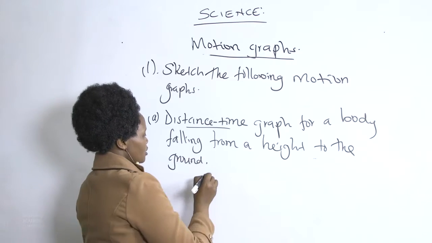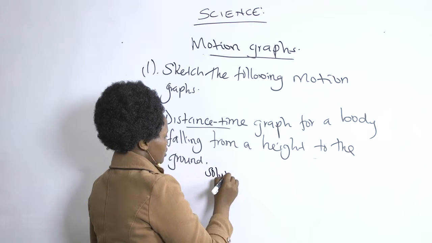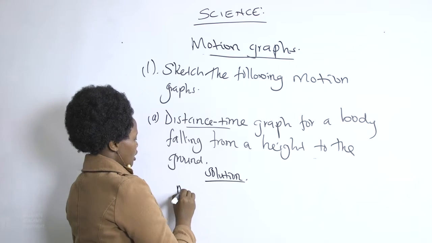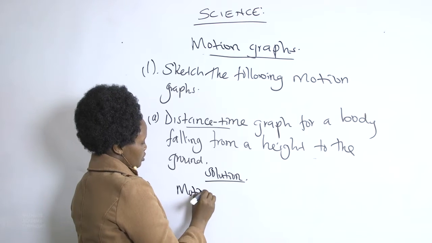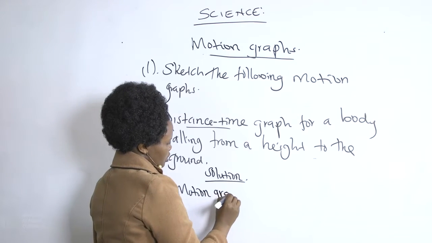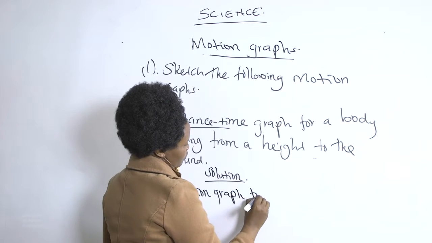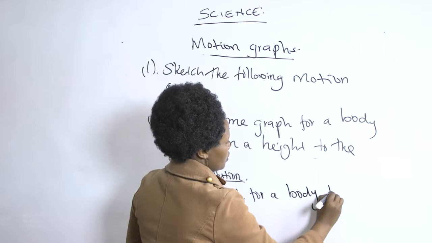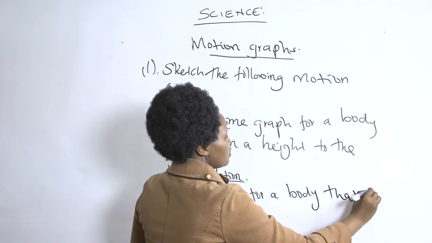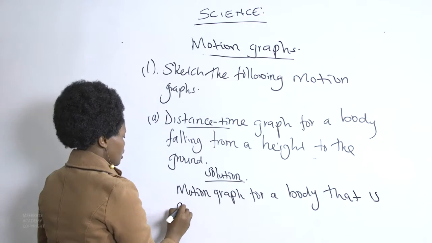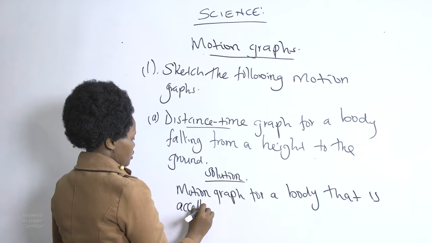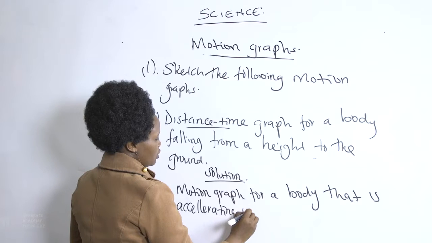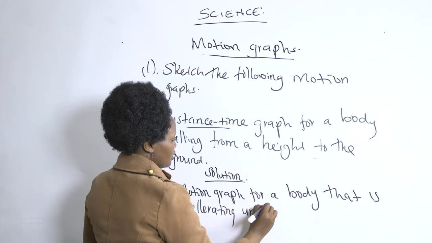So in other words, this graph should be a motion graph for a body that is accelerating uniformly.